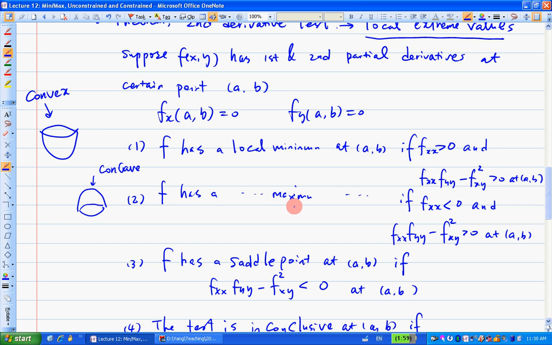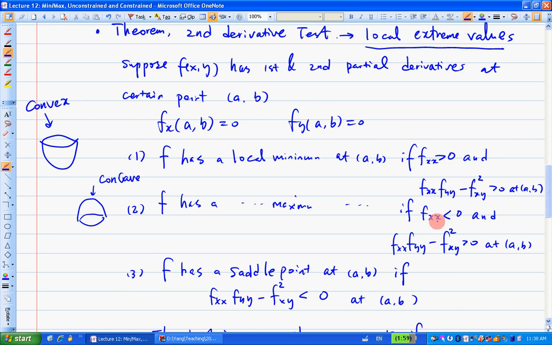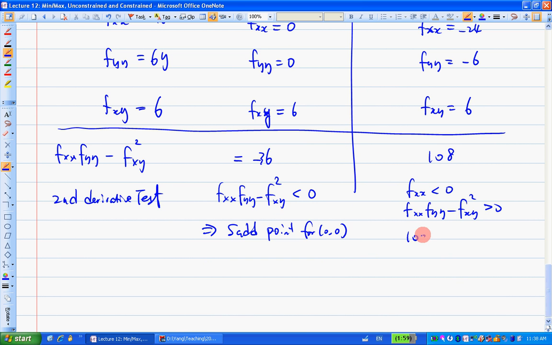Local maximum, right? Is that right? Yeah. Because a local maximum is when fxx is less than 0 and this term is greater than 0. So this is a local maximum point.